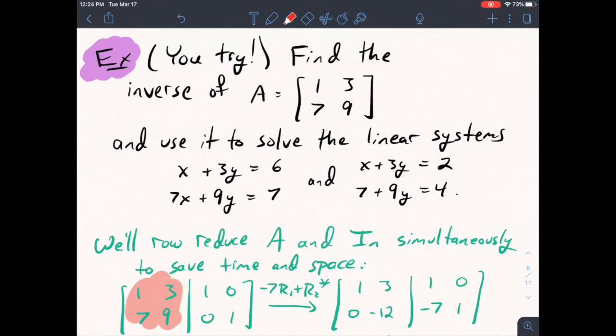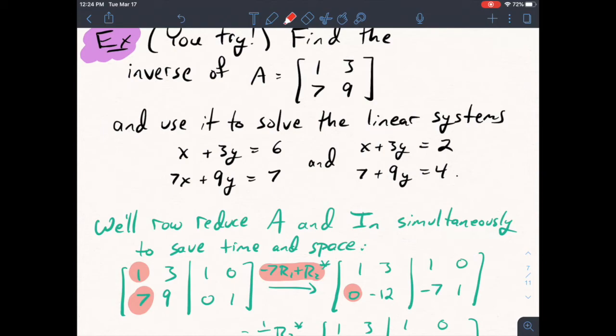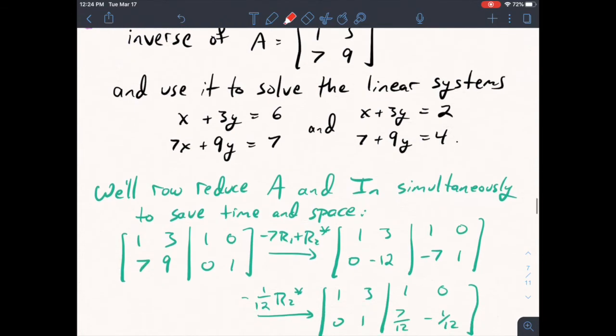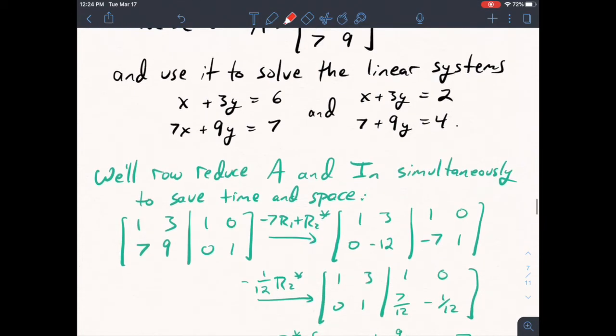On the left I have A, and my goal is to reduce this to the identity matrix. First, I have a 1 in my 1,1 entry and a 7 in the entry below it. I'm going to zero that 7 out by taking -7 times row 1 and adding it to row 2. I should get a 0 there, and that should give a -7 in the identity matrix.